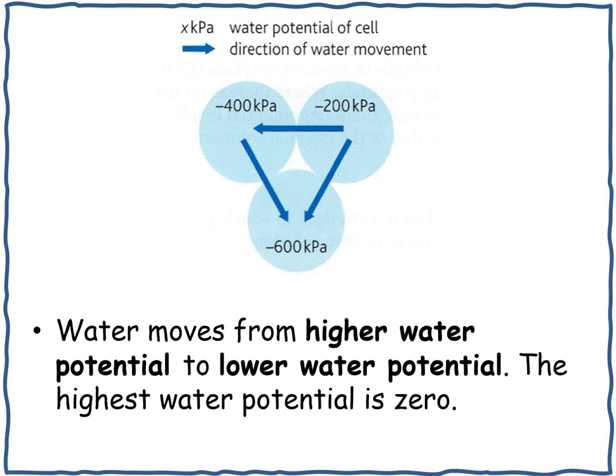As I said, water moves from a high water potential to a low water potential, and the highest possible water potential you can have is 0. So because it goes from a less negative to a more negative, it would go from minus 200 to minus 400 kilopascals and minus 400 to minus 600 kilopascals. It always goes from a less negative to a more negative water potential.